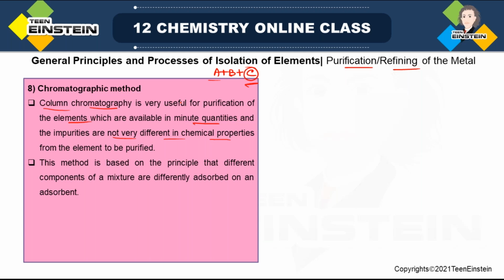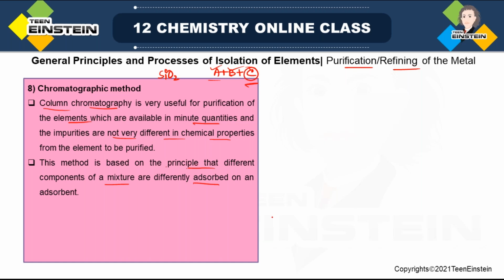This method is based on the principle that different components of a mixture are differently adsorbed on an adsorbent. In column chromatography, mainly we use silica, and the components of the mixture that are present will be adsorbed.